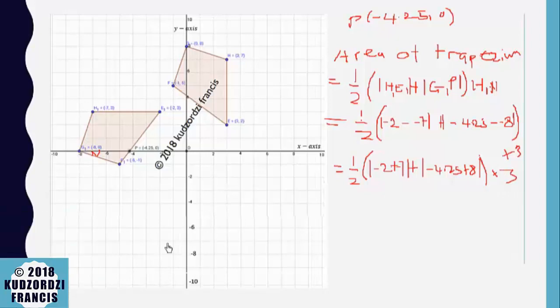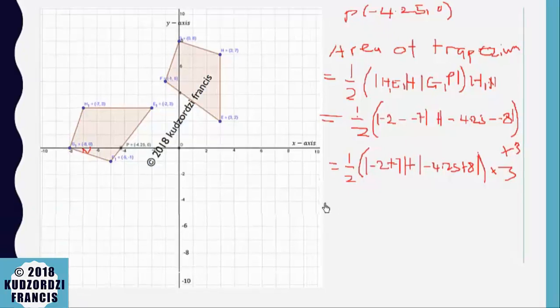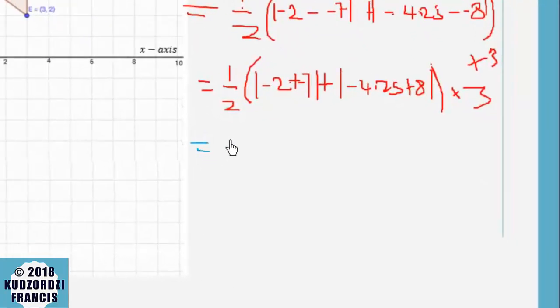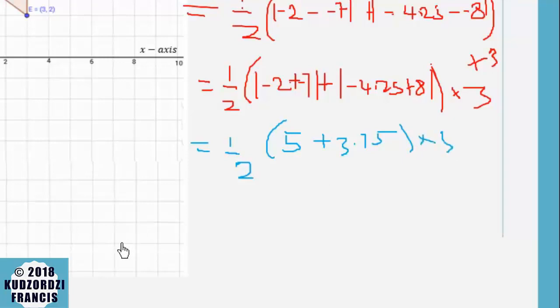Now we simplify this further to obtain 1 over 2 into 5 plus this one, which will give us 3.75, times 3.